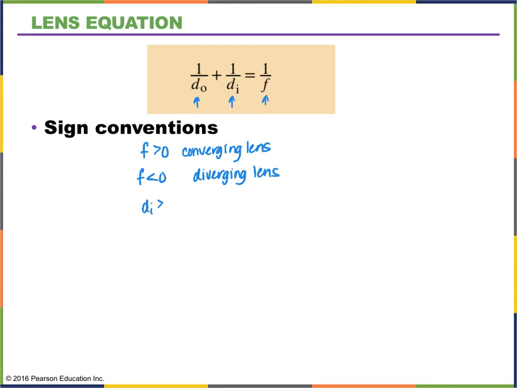The image distance is positive if it's a real image, and the image distance is negative for a virtual image.